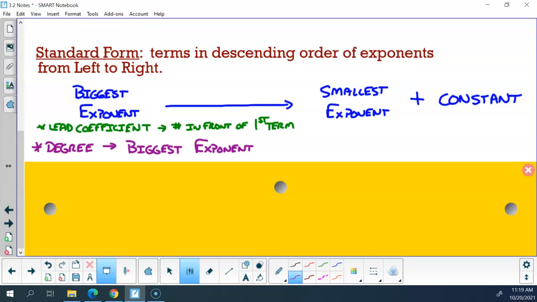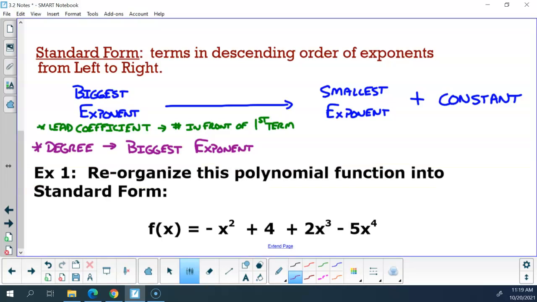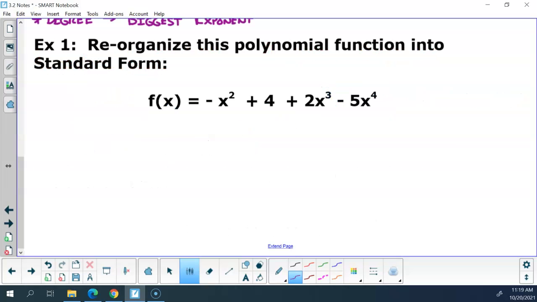Okay? So that's why standard form is so important for us. So let's take a moment here to reorganize this polynomial function into standard form. And then let's identify what the lead coefficient is and what the degree is.